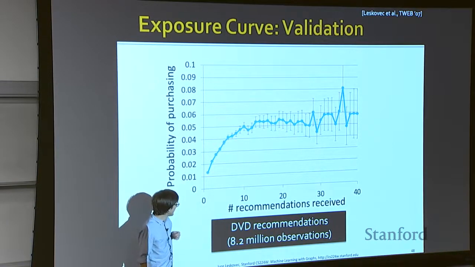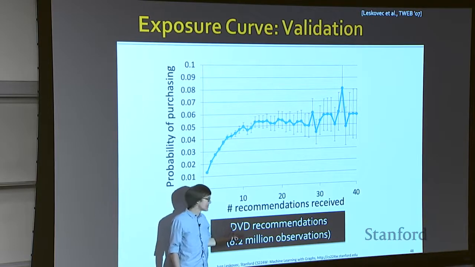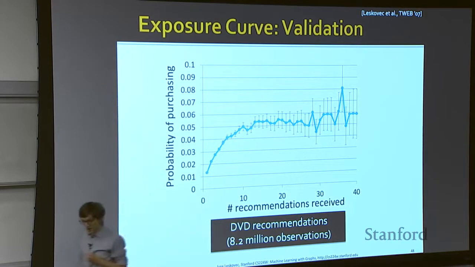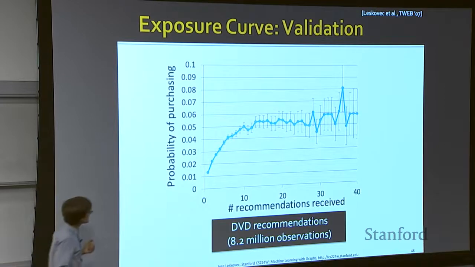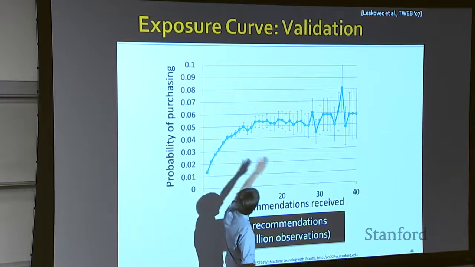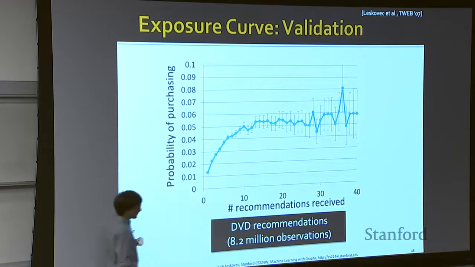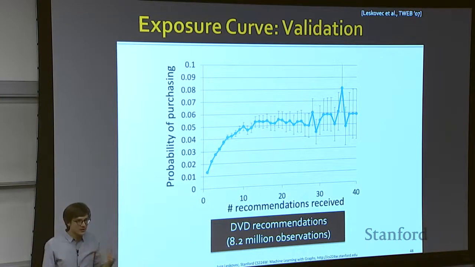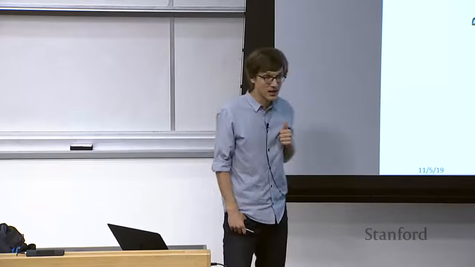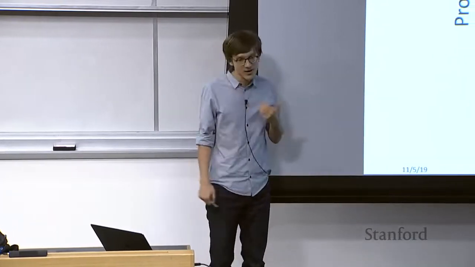This is for buying DVDs, so movies. This is one example where basically this curve is very consistent with probabilistic contagion type model. Okay, so that's one example.